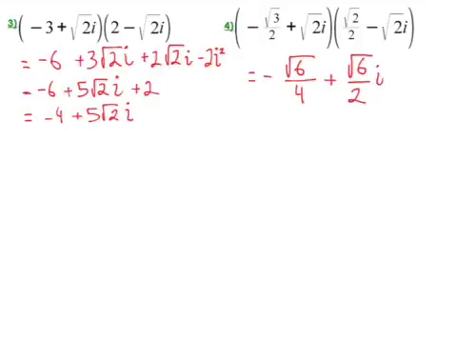And then the next term is √3 on 2 multiplied by -√2i, gives us that. And then term number 3, this time the √2 multiplied the √2 here in the numerator, and it gives us a whole number 2 here.